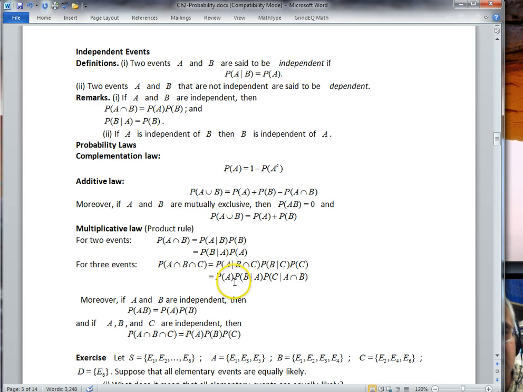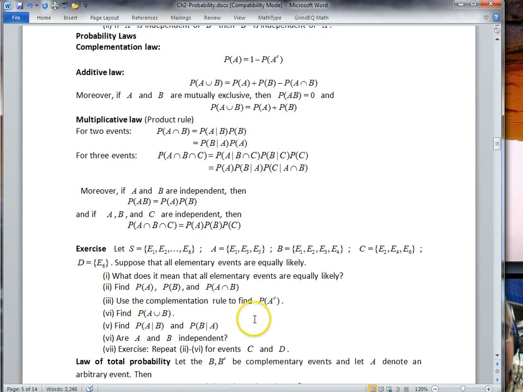So I say P of A times P of B given A times P of C given A intersection B. And if the events are independent, then P of A intersection B would be P of A times P of B. Same thing, if I have three events that are independent, then it's going to be P of A times P of B times P of C. That's the probability of their intersection.